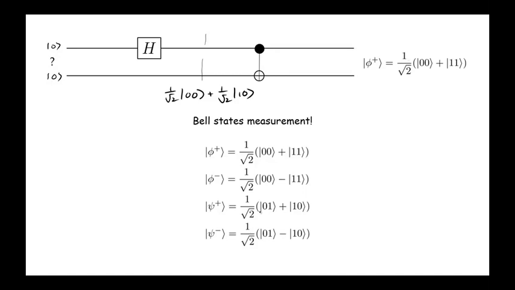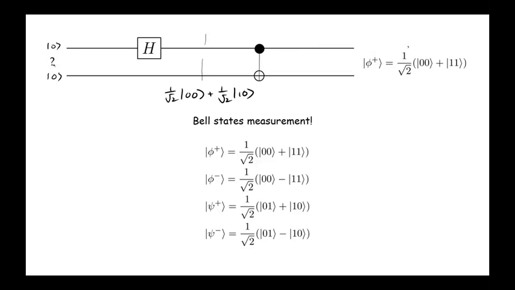But now you can also run the circuit backwards from right to left. And now if you feed in a Bell state on the right side, what the circuit does for you as you run it from right to left is it analyzes the Bell state for you and outputs 0, 0, 0, 1, etc., which tells you which Bell state it was.